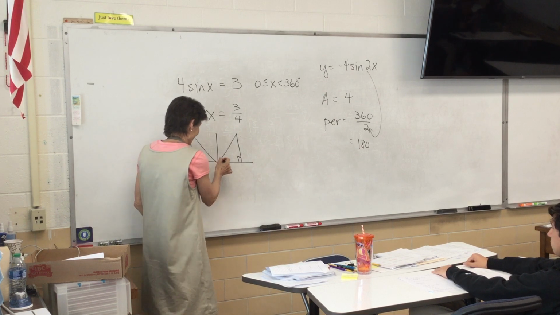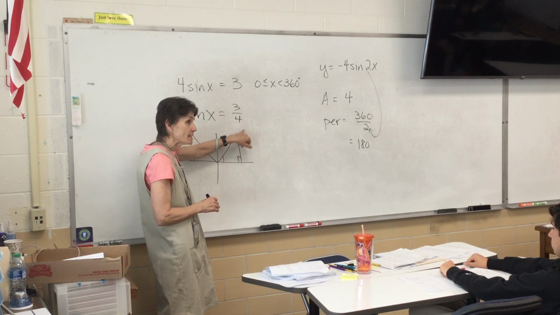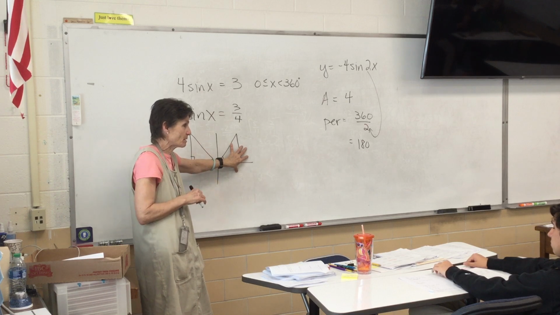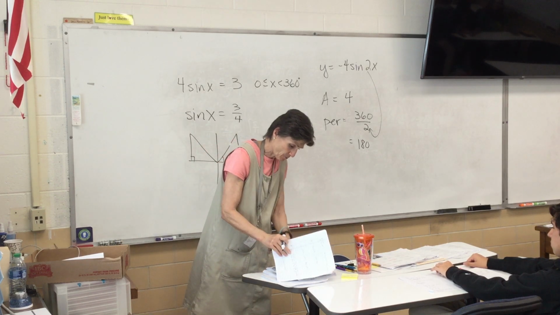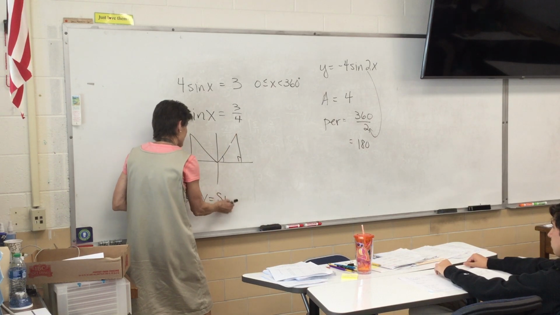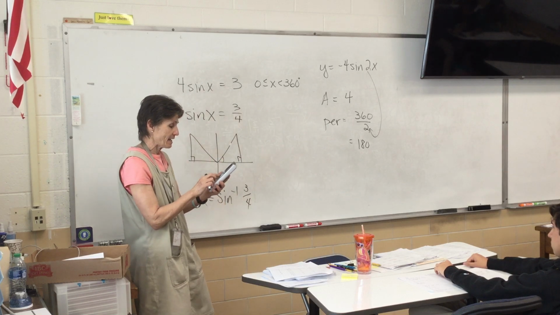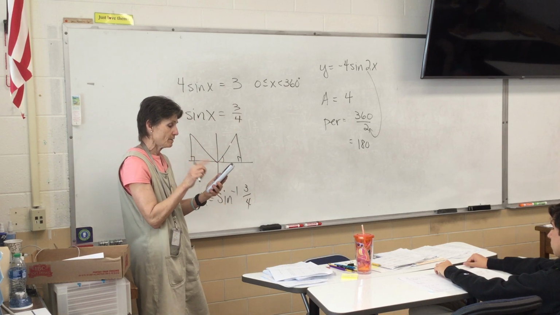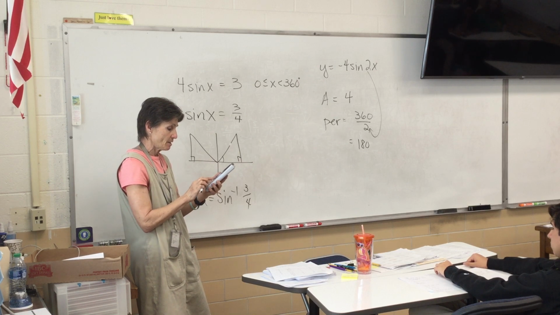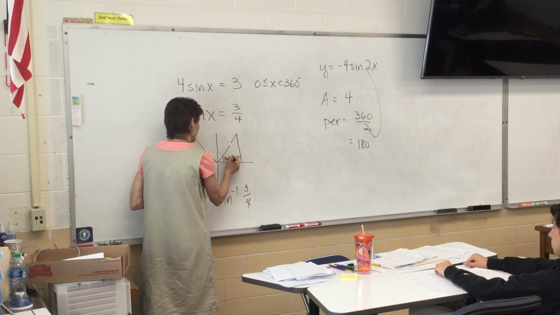Now, I need to find that angle. If this was a √3 and a 2, I could do it without a calculator because that's one of my special triangles. This is not a √3 and a 2, so I need a calculator. I am going to do second sine of 3/4. That's how I find an angle. First I'm checking my mode, make sure I'm in degrees, and then second sine 3/4. 48.59.